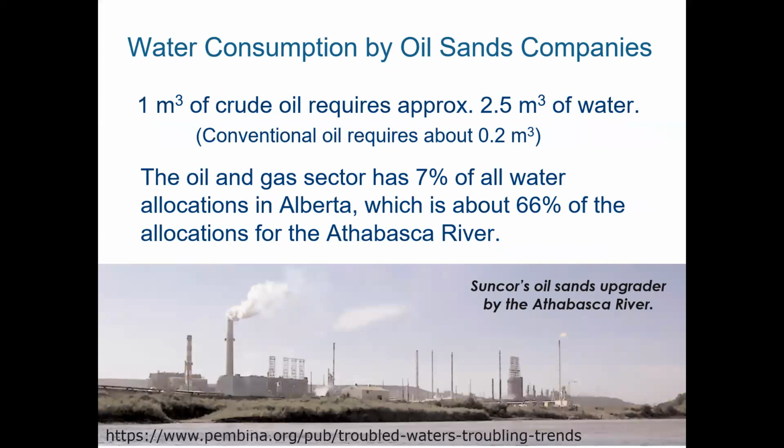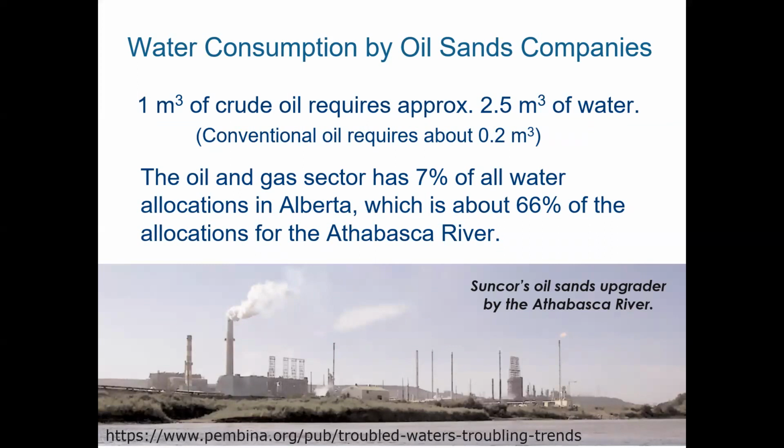One thing I want to show you, and I thought I had, but I did not talk about it way back in the first unit, is a little bit about water consumption in the oil sand companies. If you take a look at this slide, it's saying that a cubic meter of crude oil consumes about 2.5 cubic meters of water.